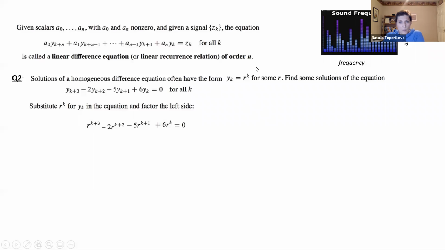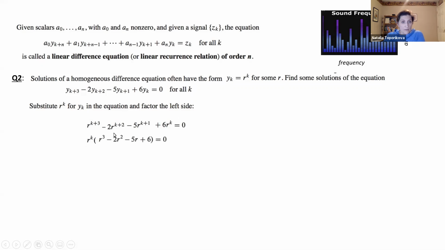Okay, so now we have substituted our supposed solution. Let's try to solve it. The easiest approach is to start by factoring out r with the lowest power, which happens to be k here. So we factor out r to the power k.